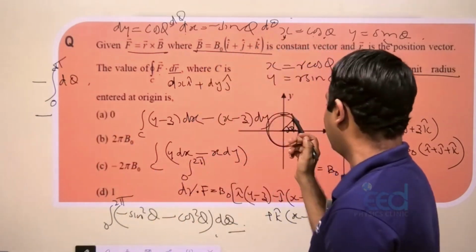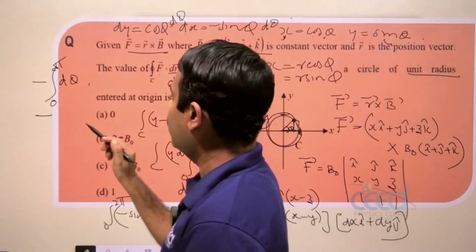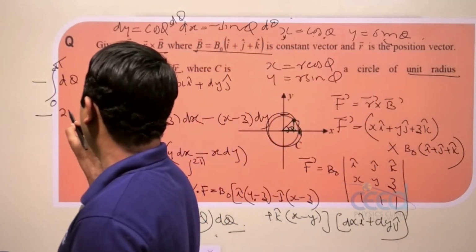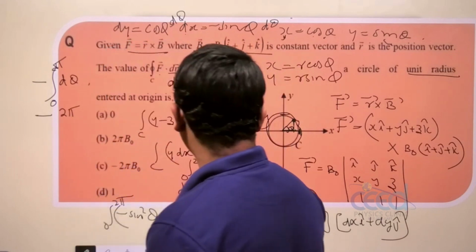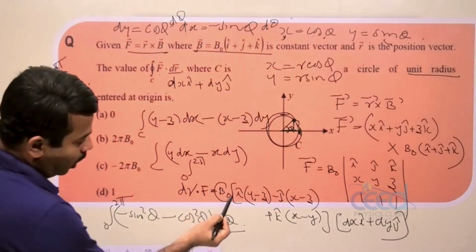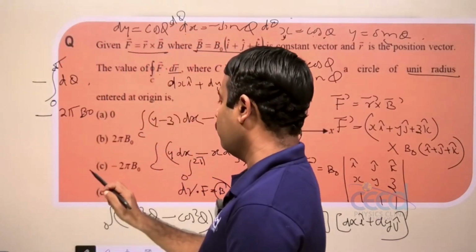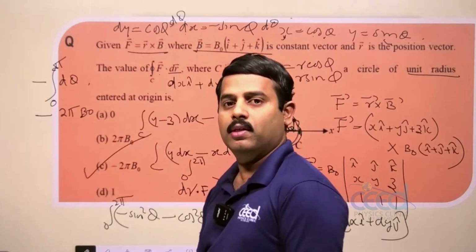For a circle theta is varying from 0 to 2 pi, alright, then minus 2 pi. And at the initial start we kept b0 out, that b0 also comes, then minus 2 pi b0 is the answer, alright.